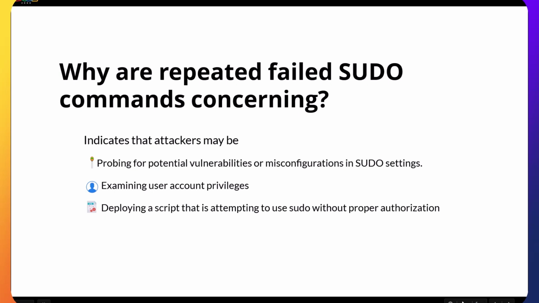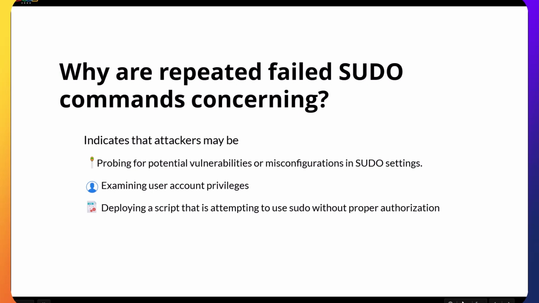For this to be really effective, it's crucial not only to monitor executed sudo commands but also to track and analyze failed sudo attempts, especially when there are multiple failed attempts. This is because frequent failed sudo commands could mean that someone is trying to perform actions for which they don't have permissions. This may be an indicator of a compromised account or an unauthorized user attempting to gain higher privileges through automated malicious scripts.